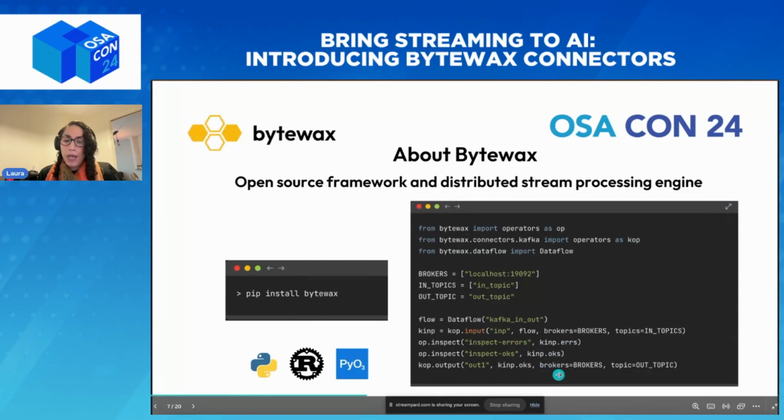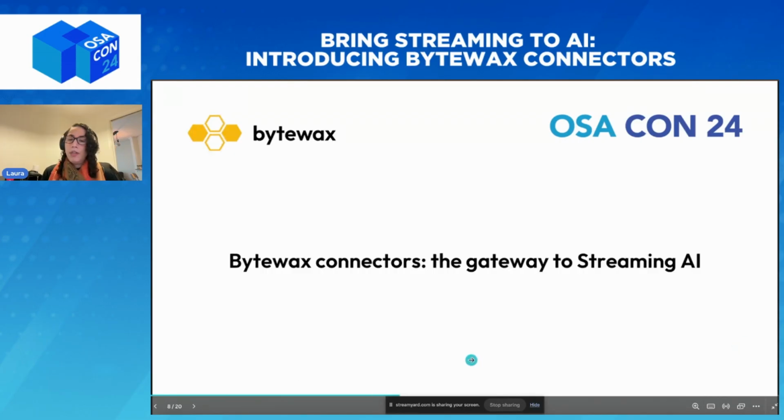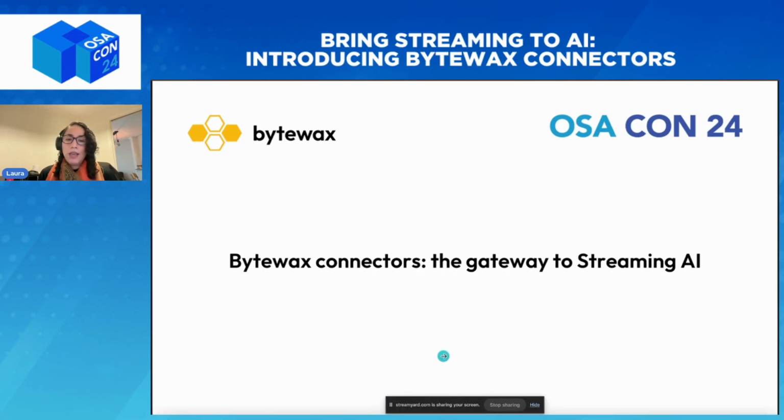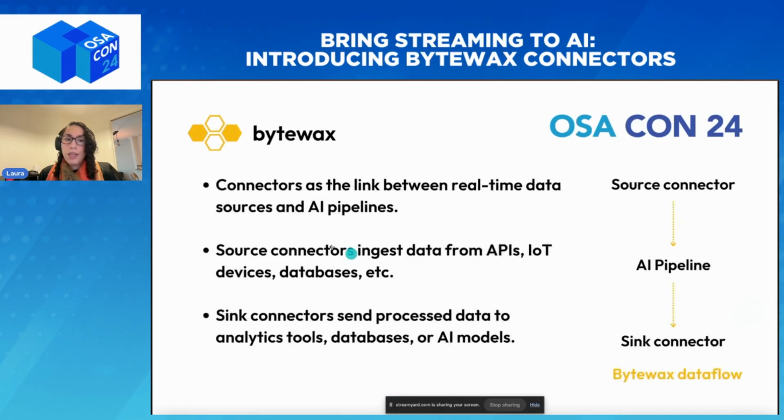In this case, I will be outputting to Kafka as well through the use of the out topic, but we can swap the use of these operators. My output can be anything from the terminal to any other application. So this is where this idea of the connectors is introduced, where the way we envision things is we have the connectors as the link between real-time data sources and AI pipelines.